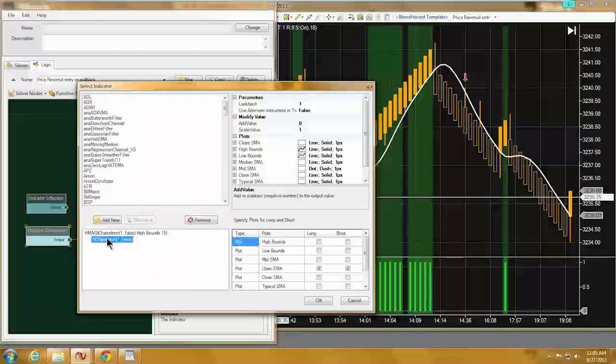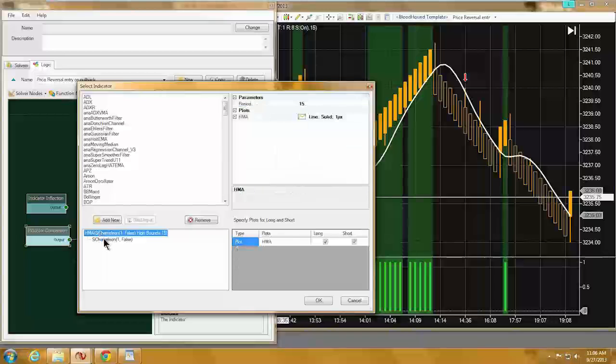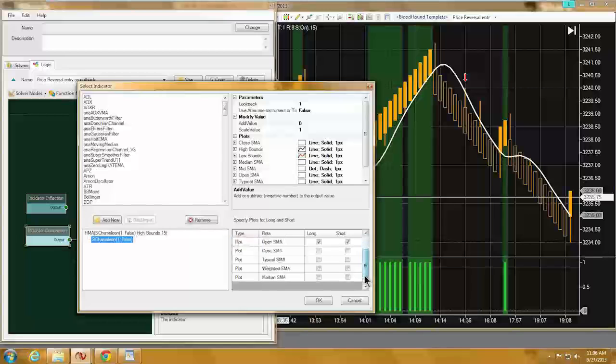Well, I believe I have everything set up correctly, but it's apparently not working. I don't want to spend too much time on this. I'll have to take a look at this later and see what happened here. I'll have to submit this to Jeremy, because that's how it should be working. You know, you can feed any of these price datas into your indicator. And I know it was working at one point.